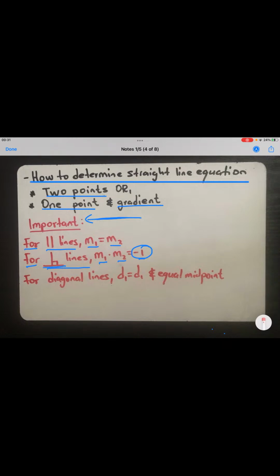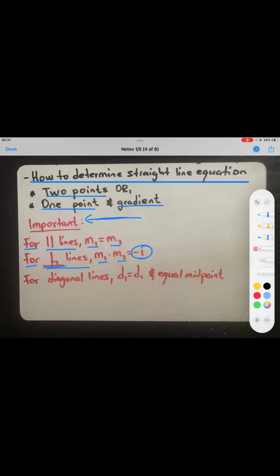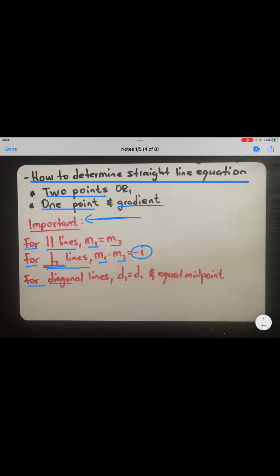And lastly, for diagonal lines, the length of line 1 is equal to the length of line 2. So it was actually supposed to be 2 there.